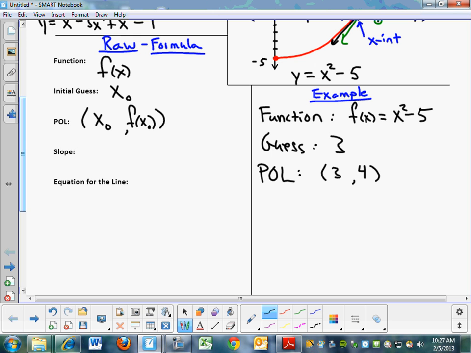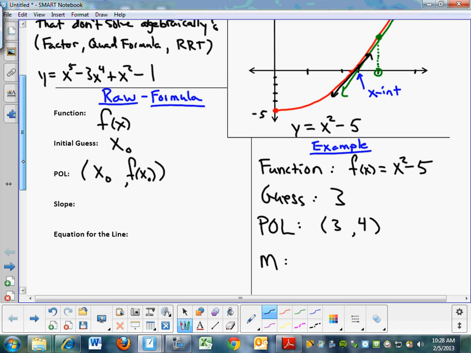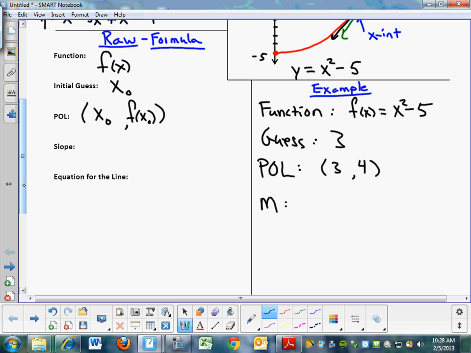Okay, now we need slope. We want the slope of that line tangent. Andrew's correct. It is 6. How do I find the slope of the tangent line? Take the derivative and plug it in. So in order to find the slope, I would take f prime of x. What's the derivative of x squared minus 5? 2x.